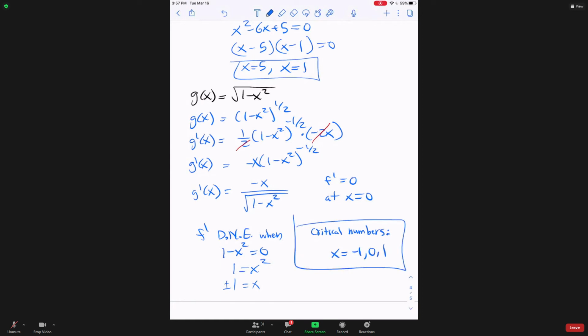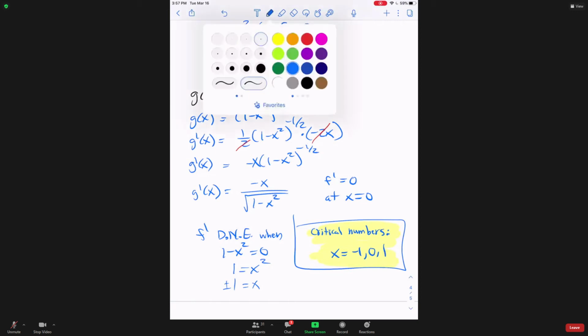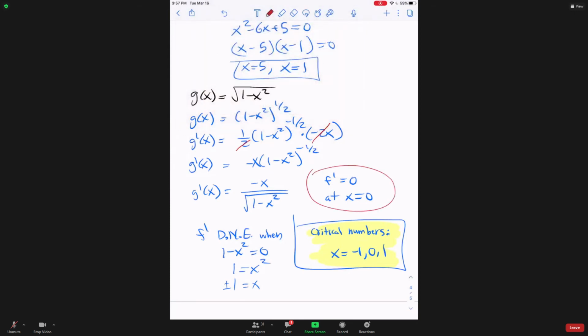So that's your final answer. You basically got to get the collection of x values that make the derivative 0, and the collection of x values that make the derivative not exist. You put them together in one pile, and that would be your answer.